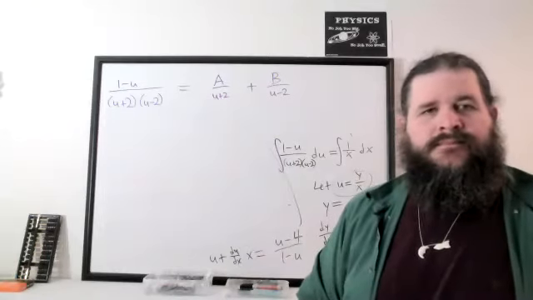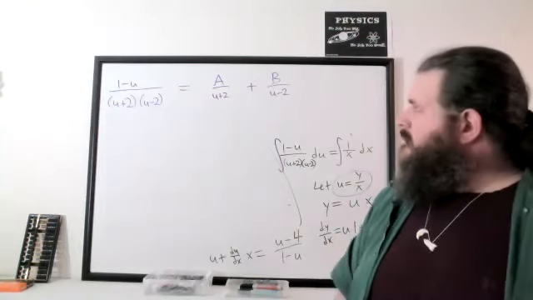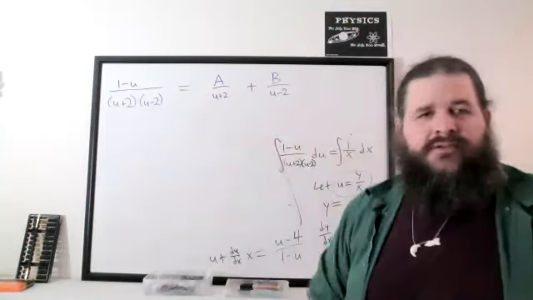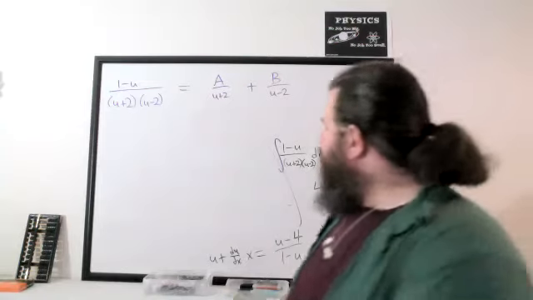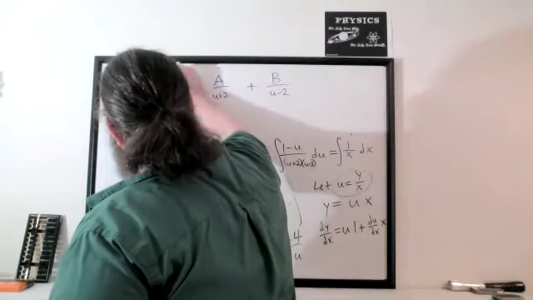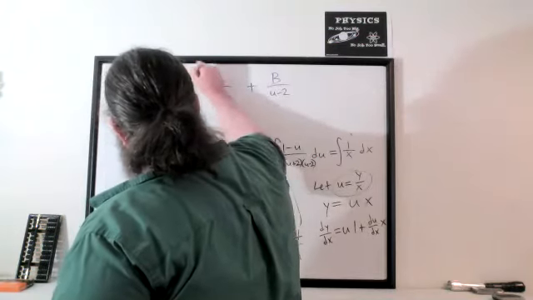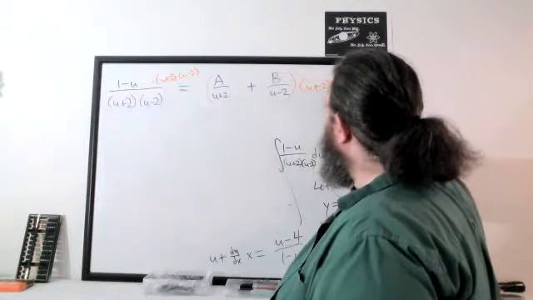Would it be to multiply both sides by the u plus 2 and u minus 2? Yeah, ideally we want to get rid of the denominators so we don't have to worry about these division by unknown variables anymore. So we're going to just multiply by u plus 2 times u minus 2 to both sides, the whole thing.